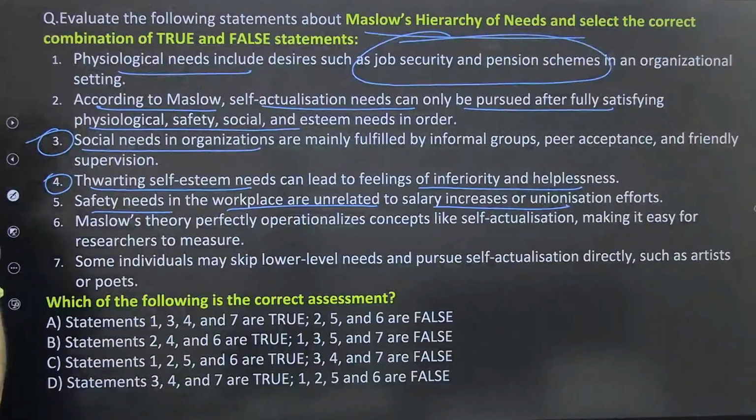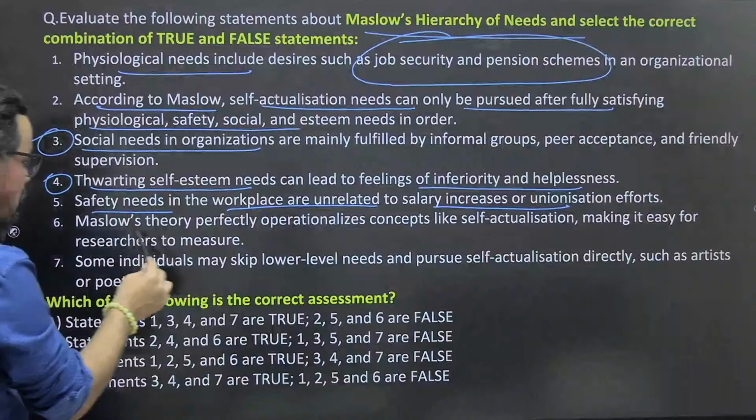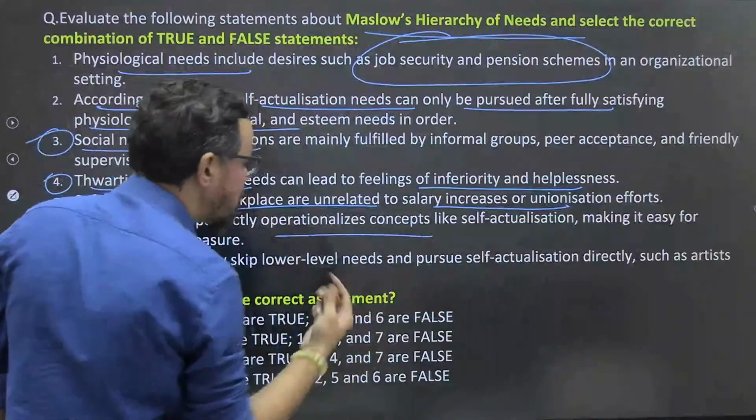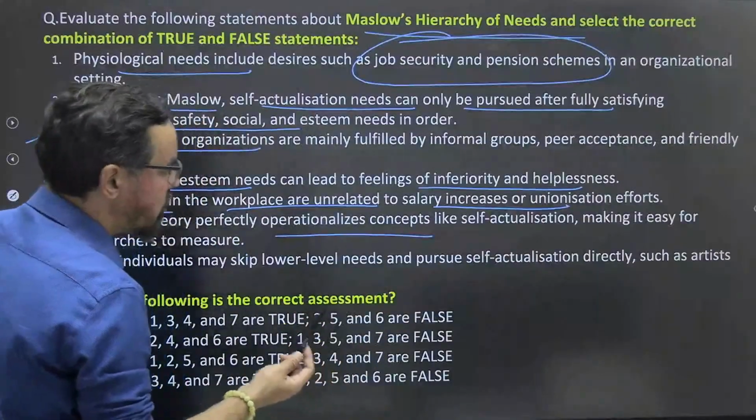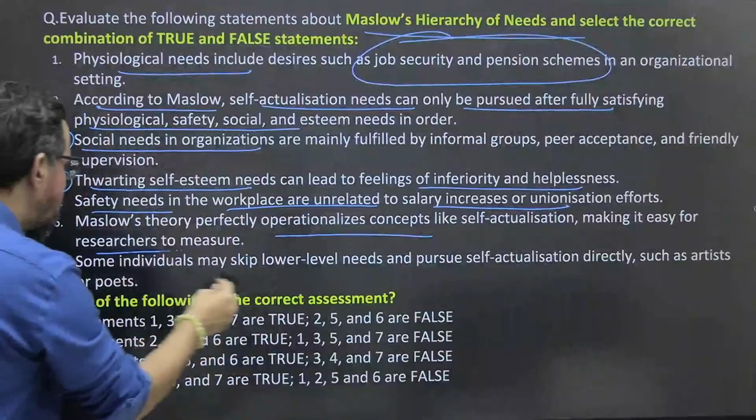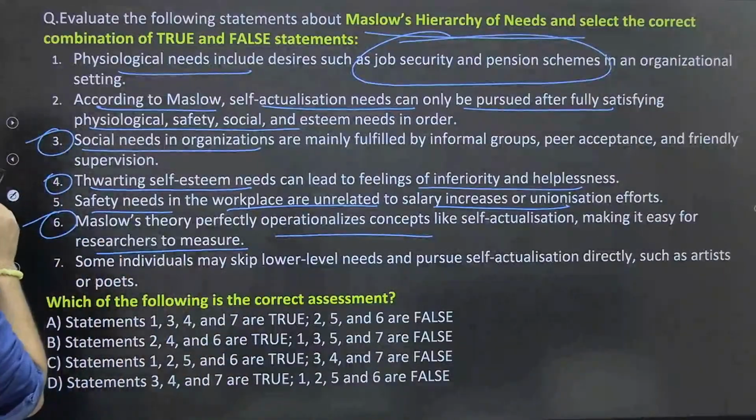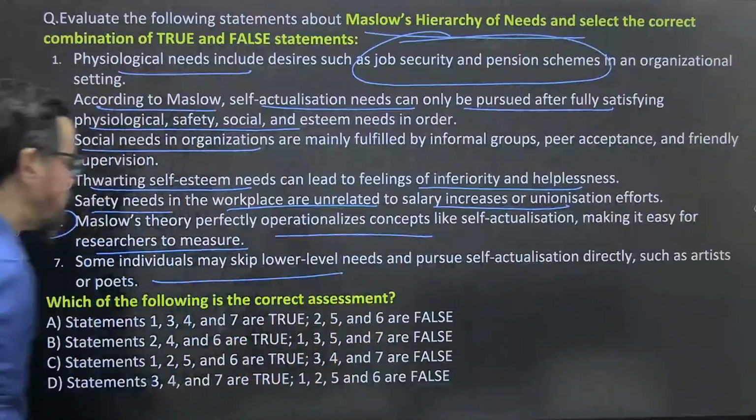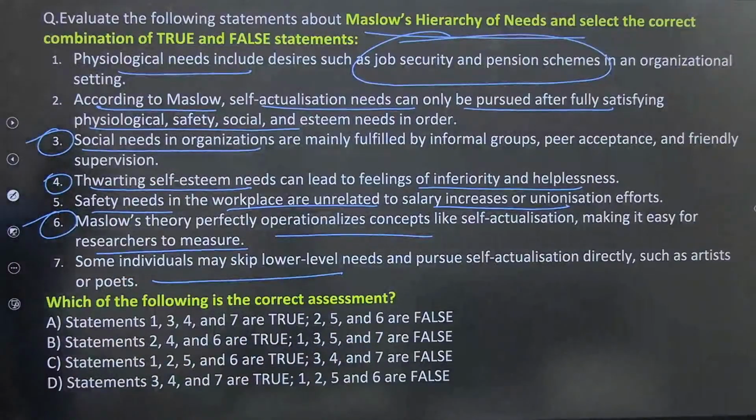Then next one आपका, Maslow's theory is a perfectly operationalized concept like self-actualization, making it easy for the researchers to measure. And then we have some individuals may skip lower level needs and pursue self-actualization directly, such as आपका artist or poet आपका. So what will be your correct answer guys?